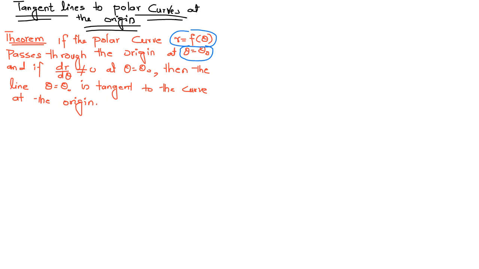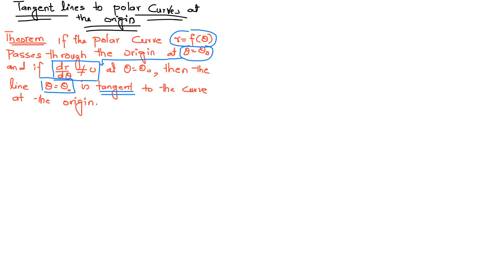After that, you find the derivative of r with respect to theta, and if you substitute these values and it is not equal to 0, then you can say the lines theta equals theta naught are the tangent lines. Okay, so this is the theorem for how you can find the tangent line. The example will make it very clear how we use this theorem to find the tangent lines of any polar curve.